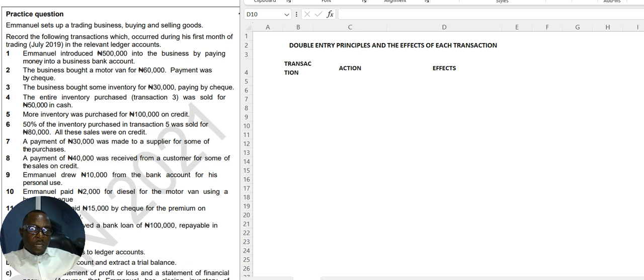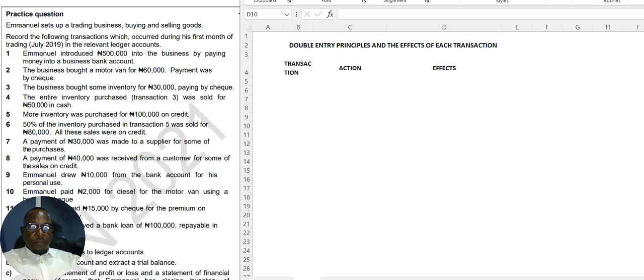All right, let's read together. Emmanuel set up a trading business, buying and selling goods. Record the following transactions which occur during this first month of trading, July 2019, in the relevant ledger account. But in this case, this is what we're going to do.